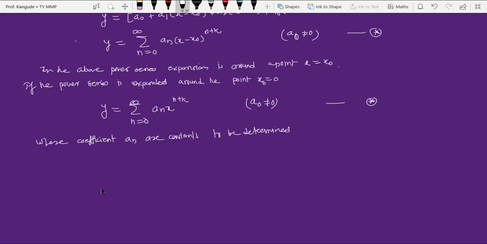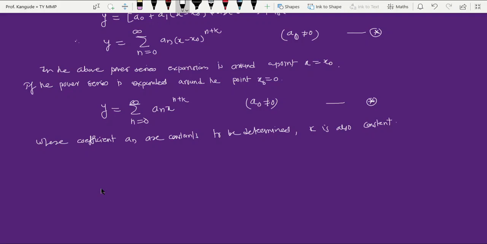Once we get these constants, we get a power series that can be a solution of the given differential equation, and k is also a constant. Such a series is called a power series.